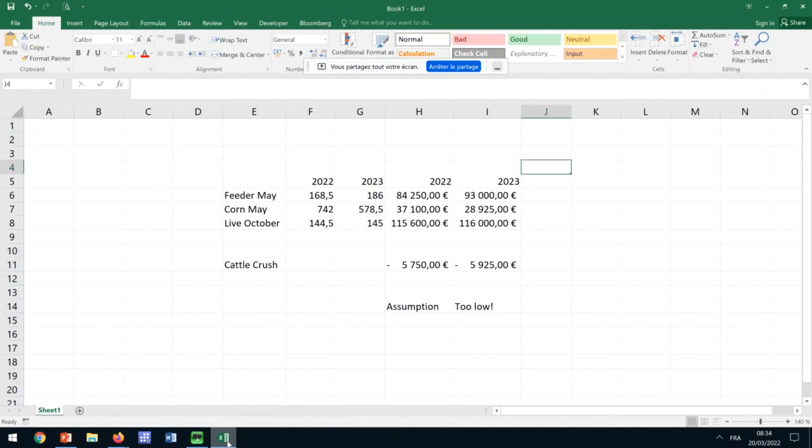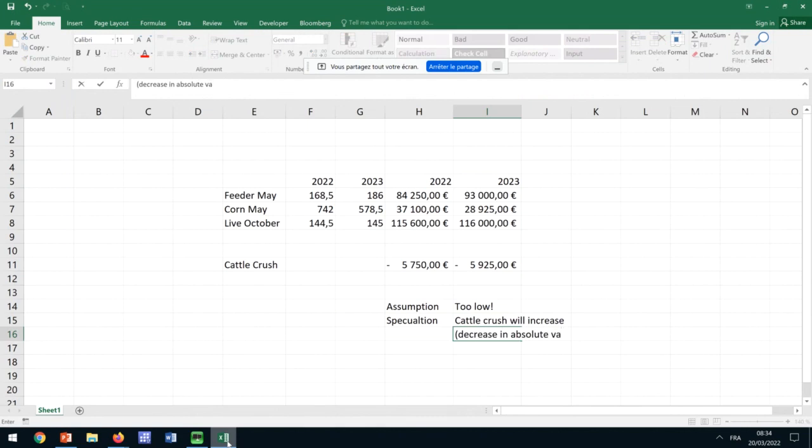We speculate that the cattle crush will decrease in absolute values. How shall we profit from that? Again, we have to place a bet on these contracts with the correct proportions.